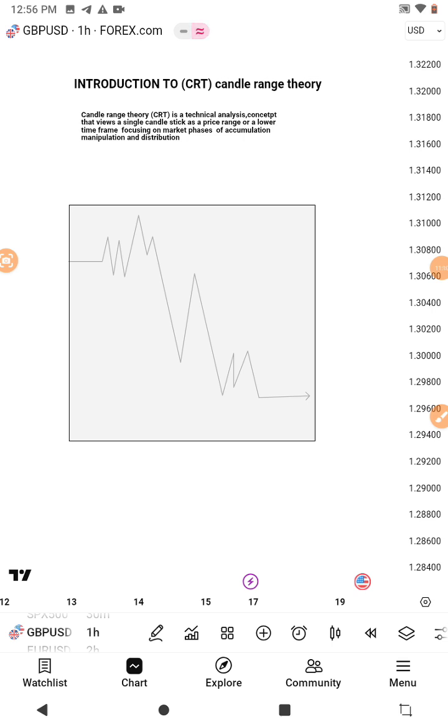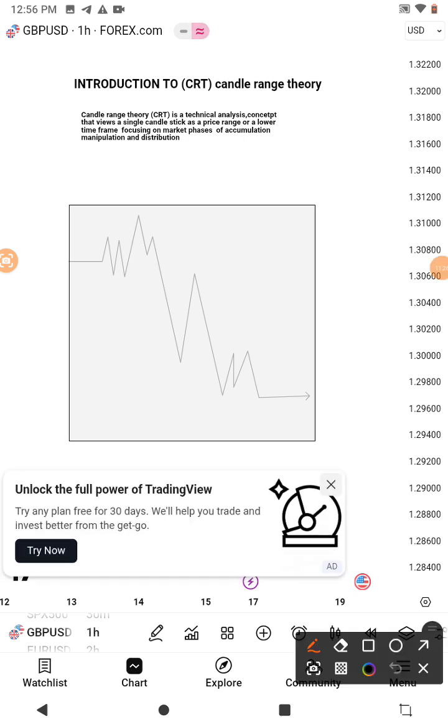So now let me explain the accumulation phase. In accumulation, price consolidates, building up liquidity before a move. Price is now building liquidity here. Buyers and sellers are communicating.